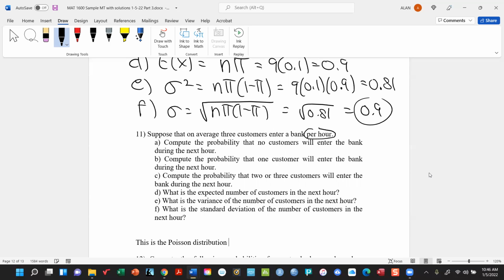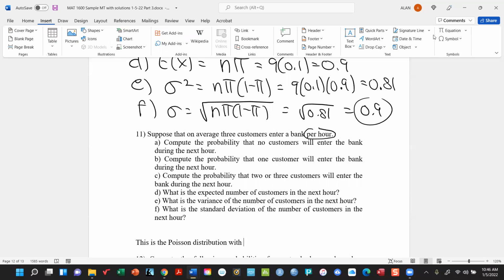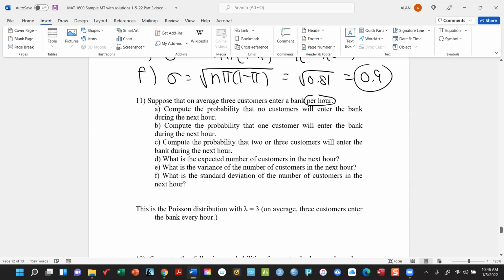And furthermore, we know that that parameter lambda equals 3. How do you know that? Because on average, 3 customers enter the bank every hour.